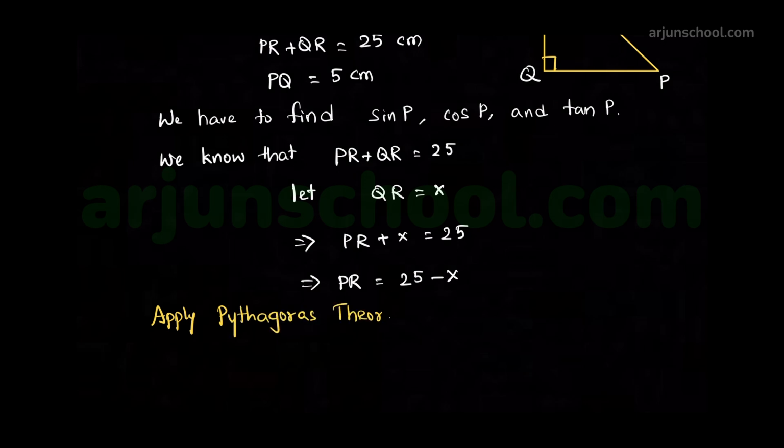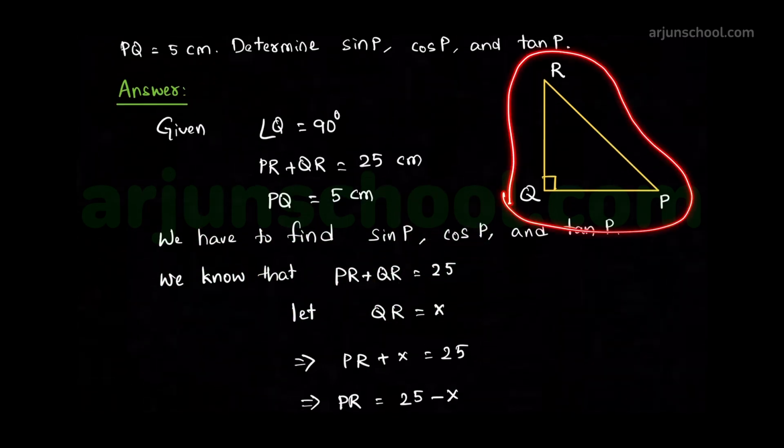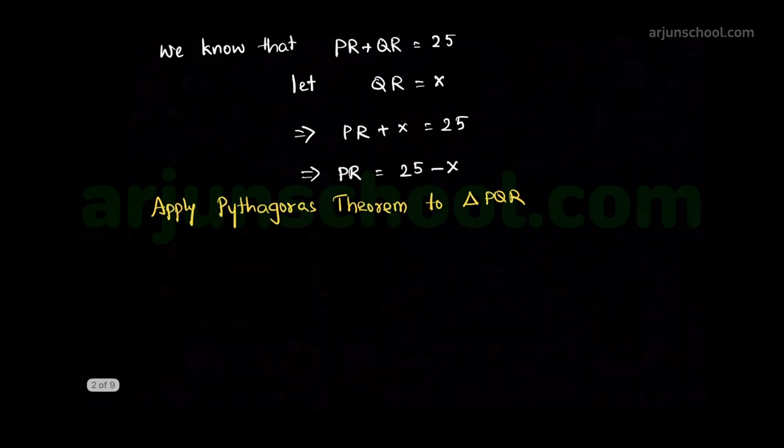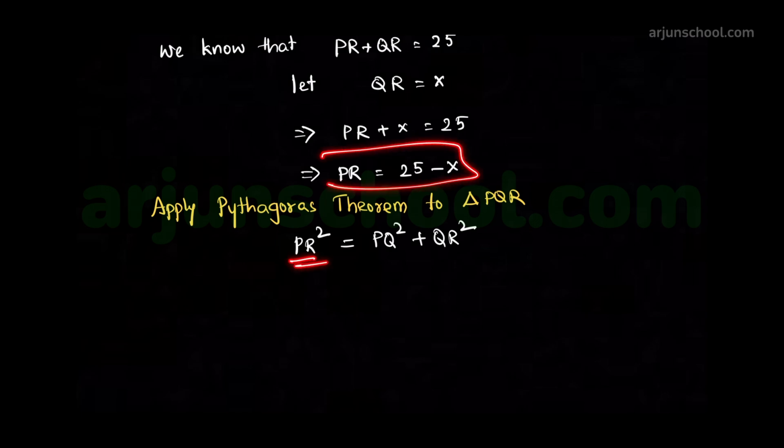Now let us apply Pythagoras theorem to this right triangle. PR square is equal to PQ square plus QR square. We know that PR is equal to 25 minus x, PQ is equal to 5 and QR is equal to x.